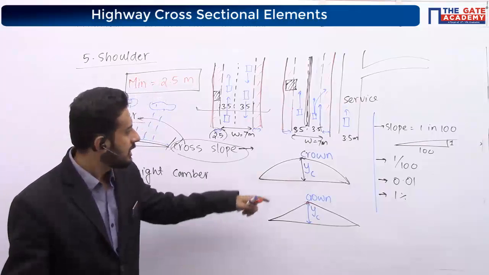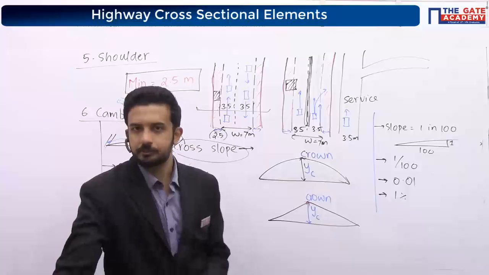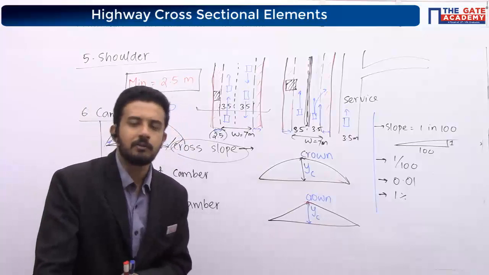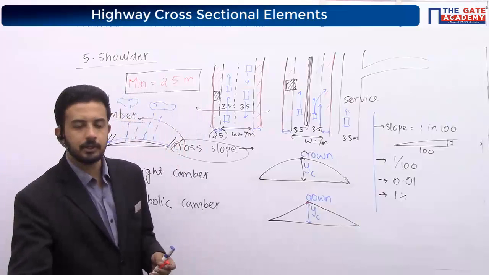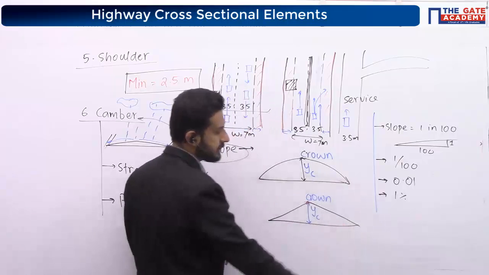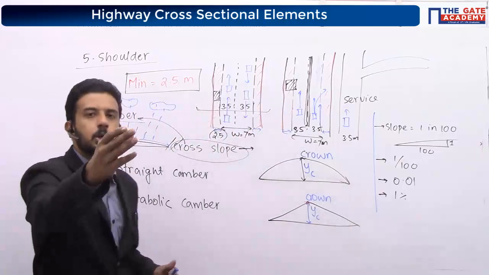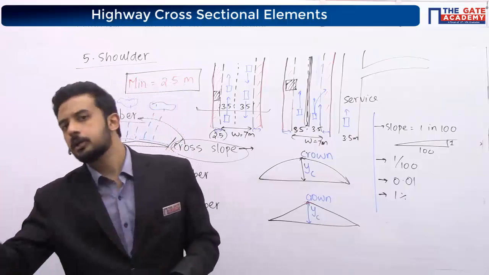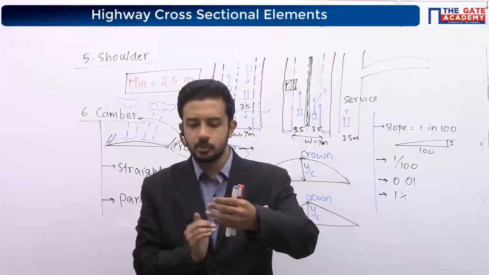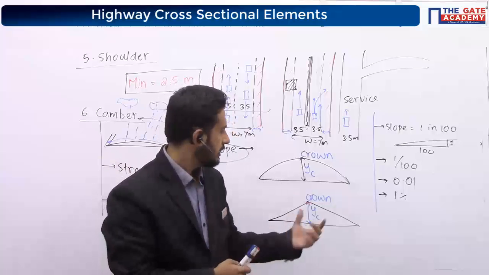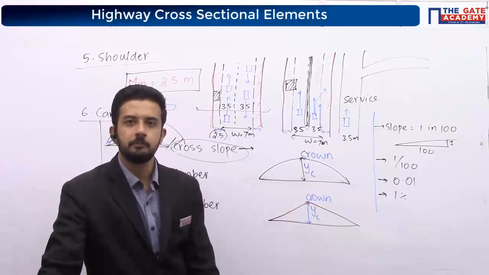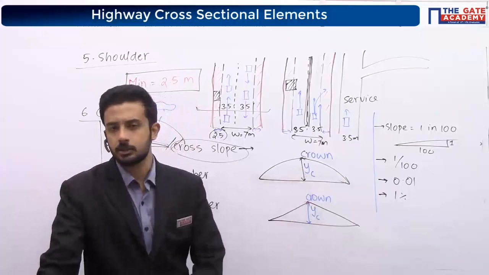It is not smooth. But if it is a parabola, it is smooth. That's a good point. One more thing: if you want to overtake on a 2-lane road, up to here it is one lane, and here it is the other lane. Whenever you overtake, you use the next lane also. In your lane, overtaking means you may be using some portion from here also. So while overtaking there is also a problem. Very good. As you said, parabolic is good enough.